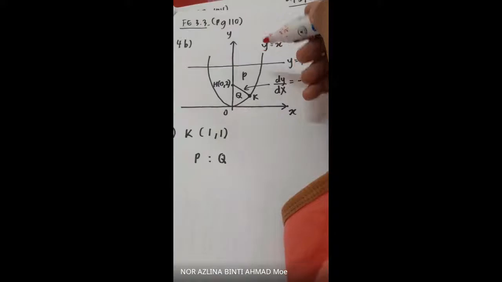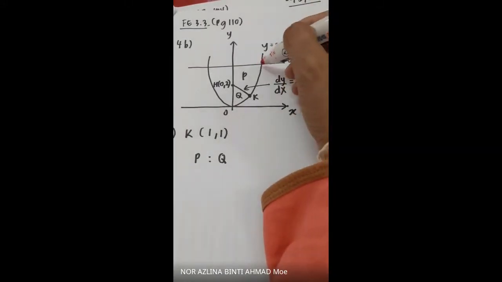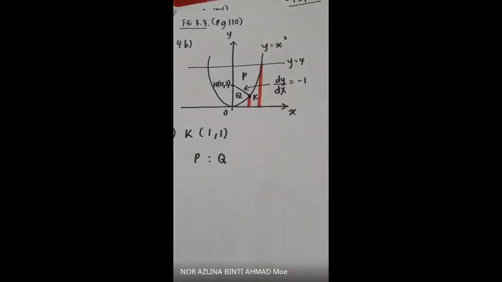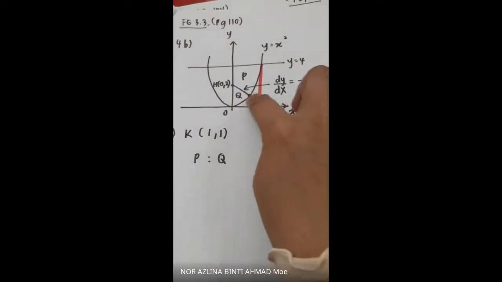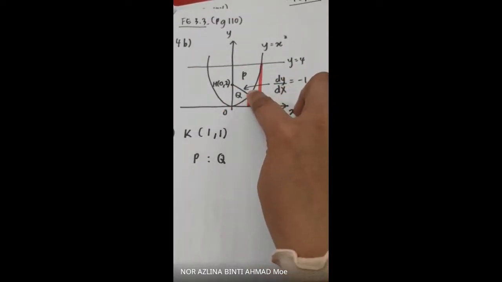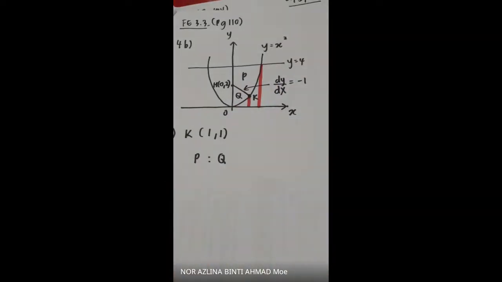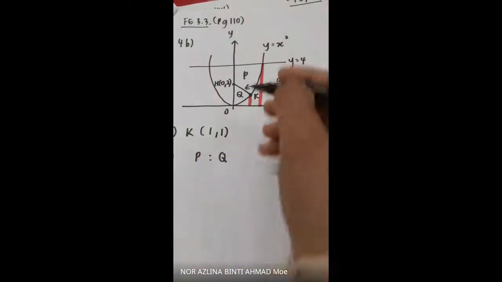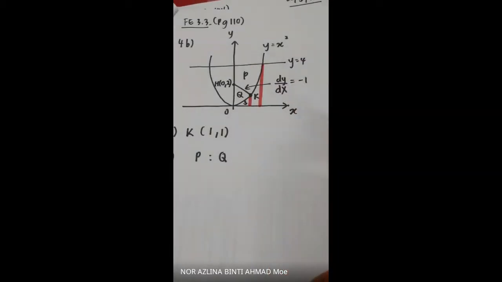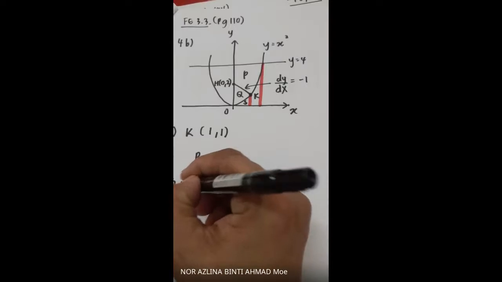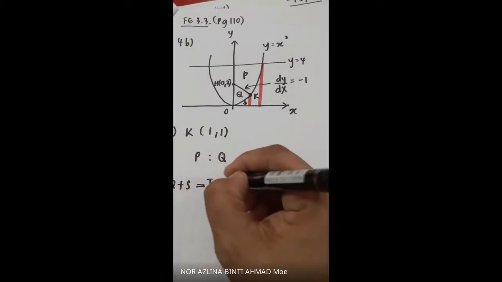Cari dulu Q. Q ni, this is trapezium. Kalau saya buat, Q ni termasuk ni S, katakan S. Q plus S is trapezium.